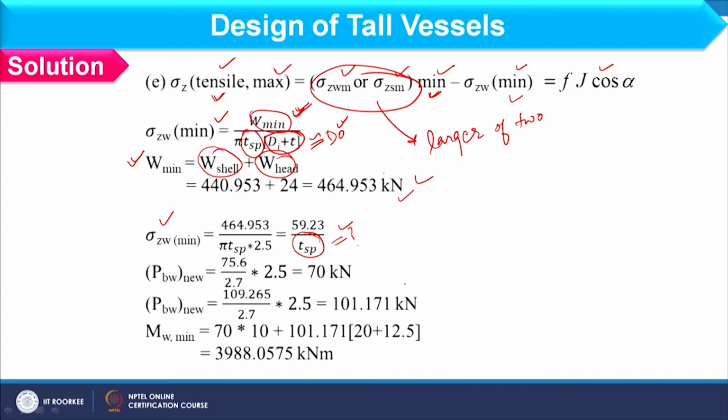To consider the minimum values of these stresses, we have to consider the minimum bending moment due to these, and minimum bending moment means minimum wind load. That wind load we have considered in the above section, in the bottom part as well as the upper part. But how do we consider the minimum load?